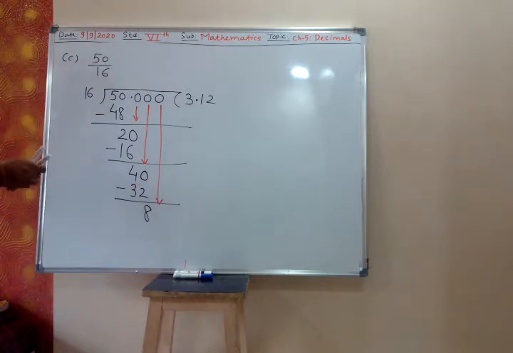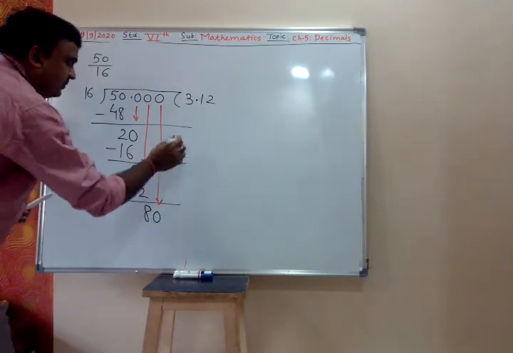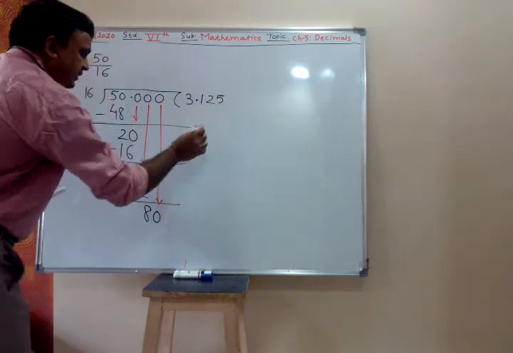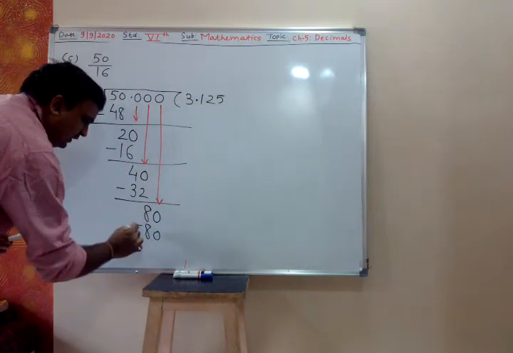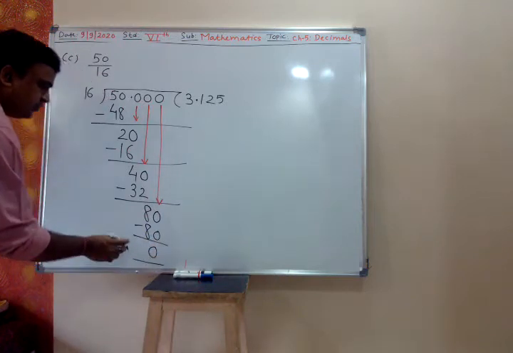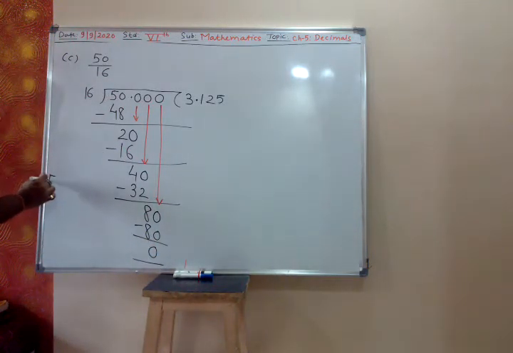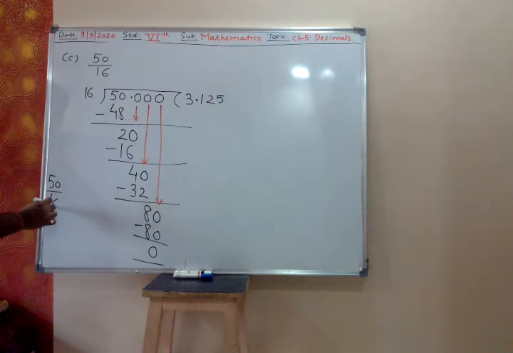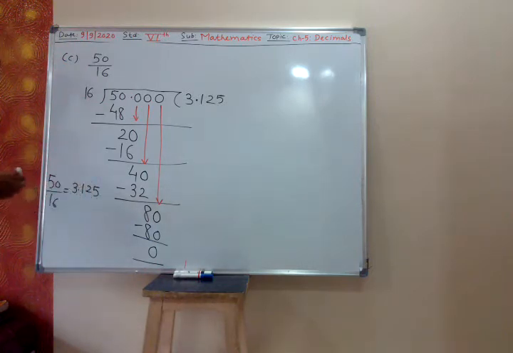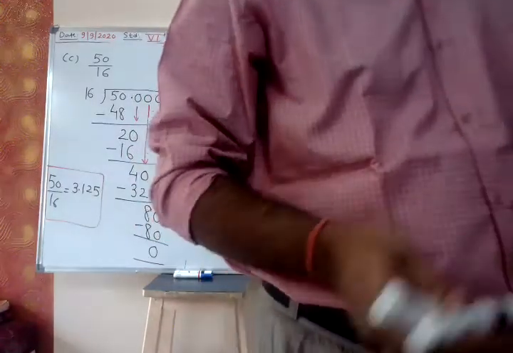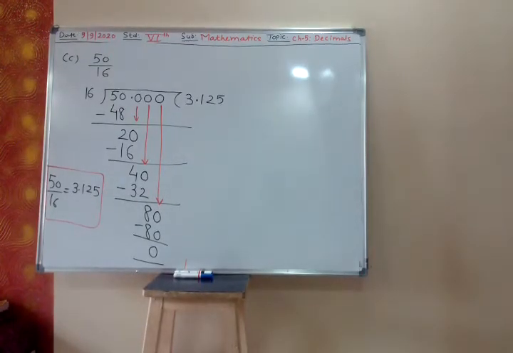So this becomes 80. 16 5s are 80, and the remainder becomes 0. So 50 divided by 16 is 3.125.